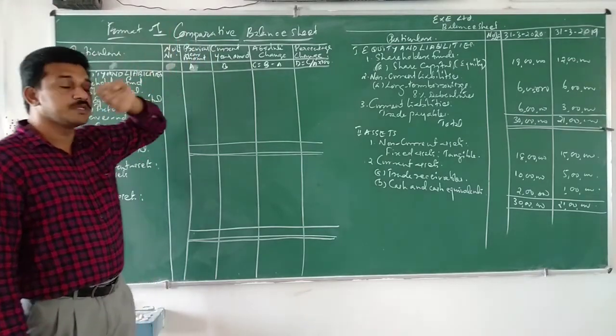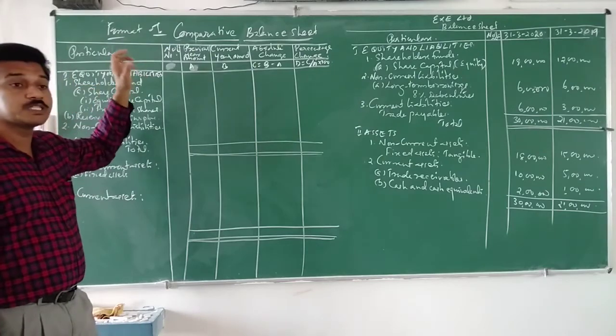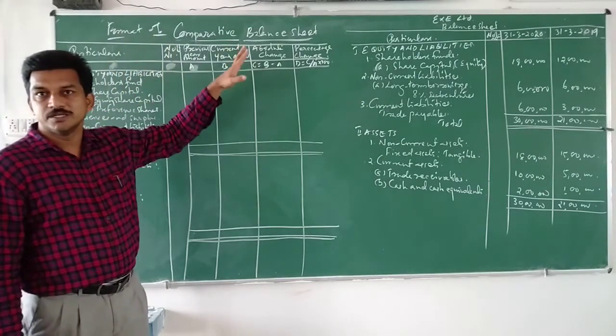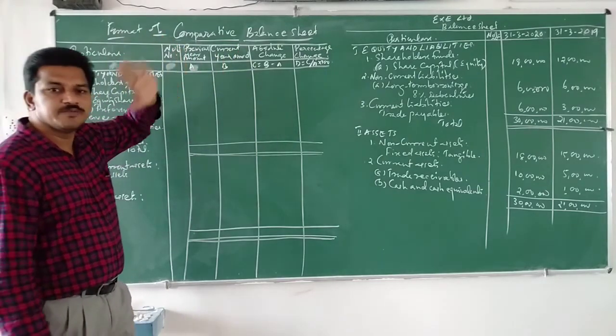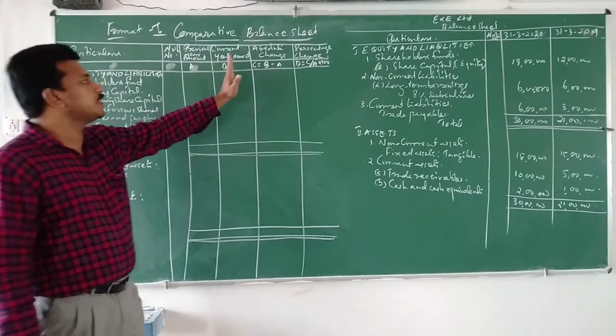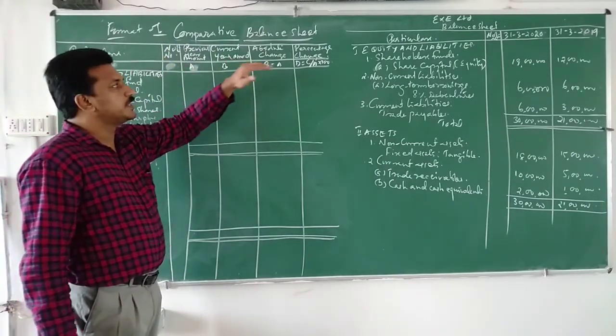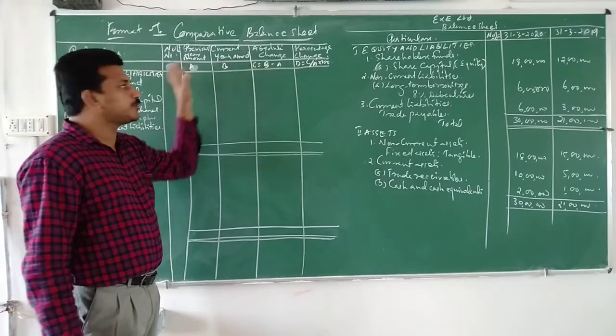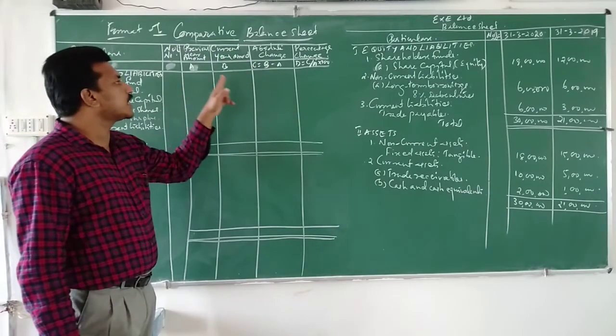Previous year amount means if you are comparing 2019 and 2020, the balance sheet of 2019 will be the previous year, and the current year will be 2020. Then absolute change between the previous year and current year.